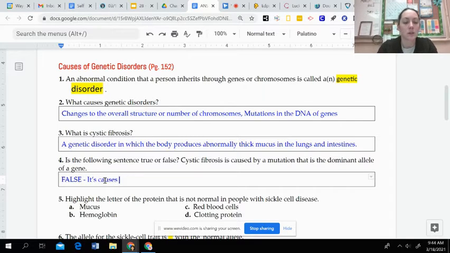It's caused by the recessive allele, where the mutation removes 3 pieces from the DNA.